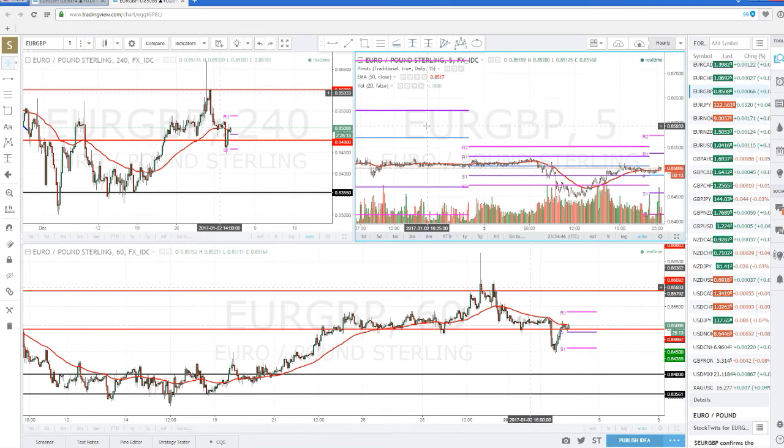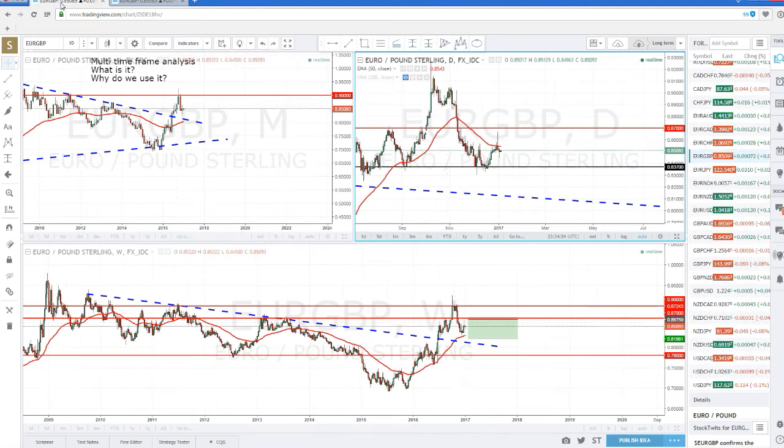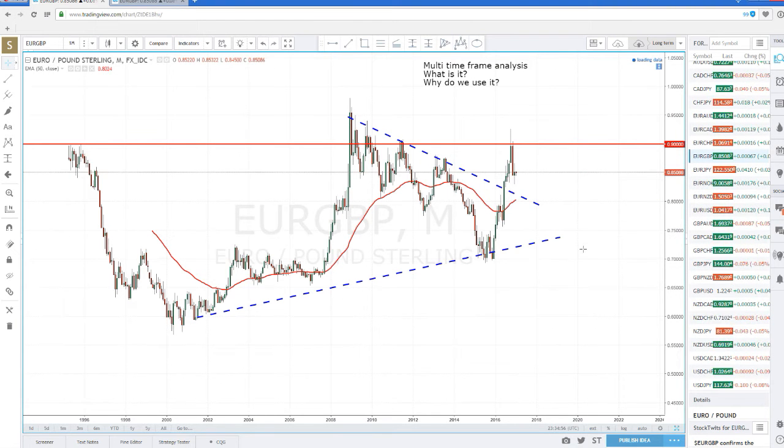This is just my system, it doesn't mean it's perfect or anything else, but this is how I analyze charts. So that is really the main thing of what multi-time frame analysis is. It's just multiple time frames of the same pair.